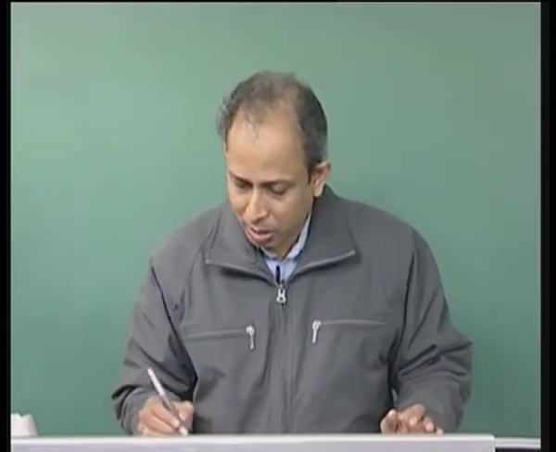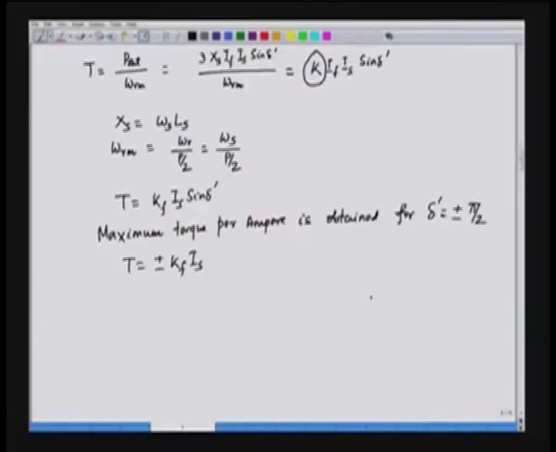So, we will have the phasor diagram here. This is the field axis and this is the field current, we have If, and this is the field induced EMF, that is Ef. What we say in this case is that the stator current should be in phase with the field induced EMF.